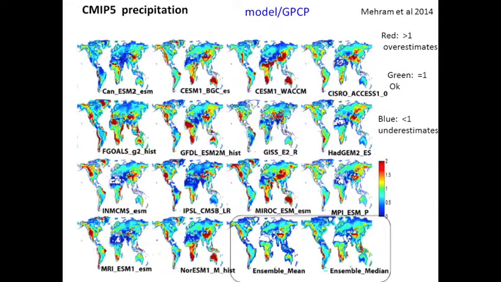If the model values are bigger than the observation, this ratio is more than 1, and then the model overestimates. And if it's less than 1, it underestimates. But, for example, more than 1.5 or less than 1.5.